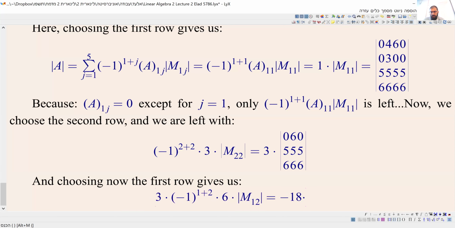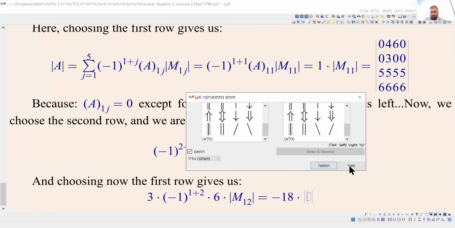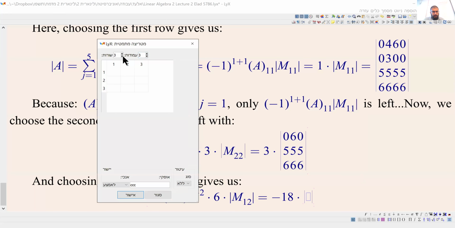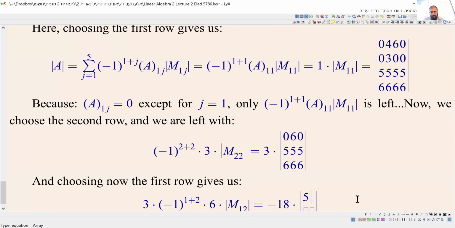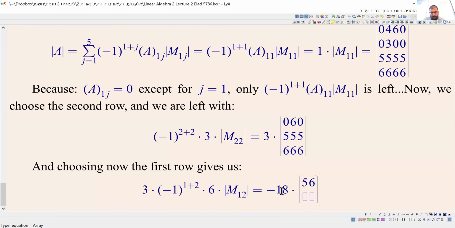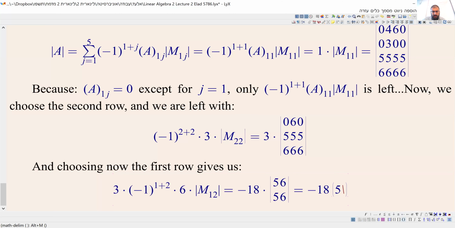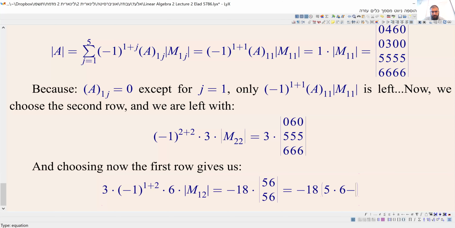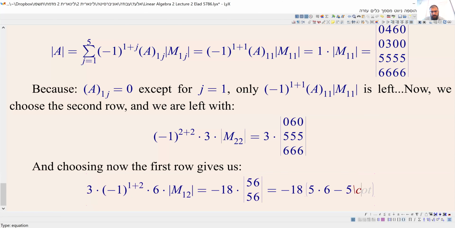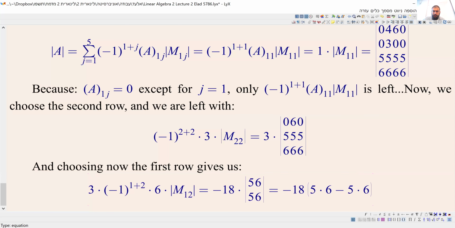What is left? Oh, 5, 6. 5, 6. And when it comes to a 2 and 2 matrix, it's simple. Notice multiplications. And it is, as you nicely mentioned, 0.